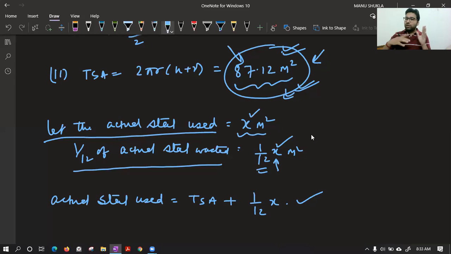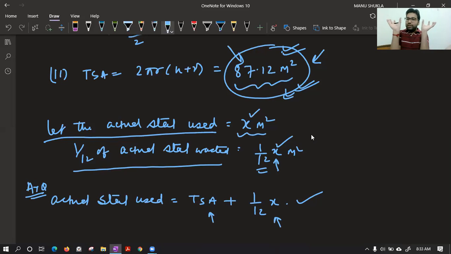Only 1 meter square is wasted and 11 meter square was used to make the cylinder. This is the concept. Now, as per the question, the problem statement is: actual steel used, that is X, should be equal to the TSA of the cylinder we have to make plus the wastage.